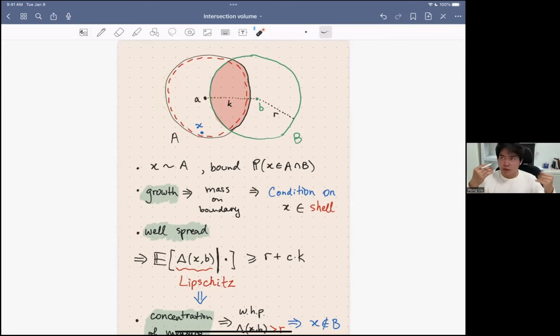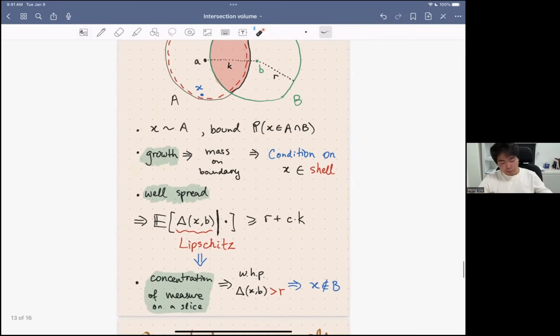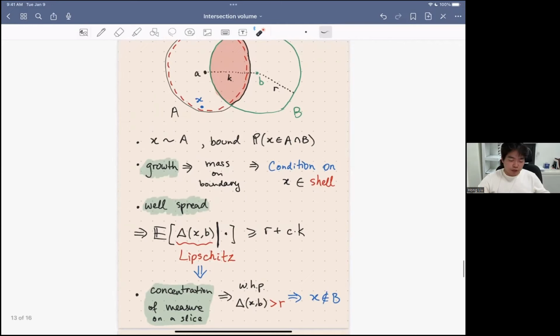The third natural condition is some sort of concentration of measure on the slice. This random variable is actually a Lipschitz function. If you change one coordinate of X, you can only change the value by 1. What do I mean by concentration of measure on the slice?